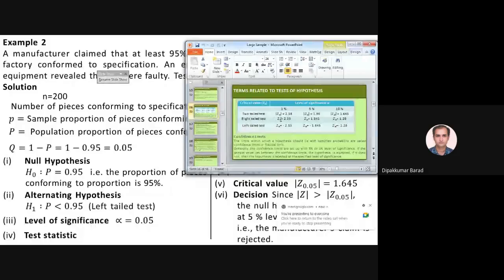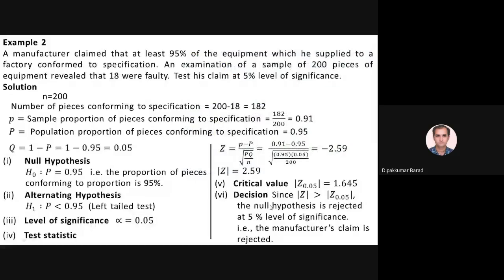Mod Z alpha for 1% is 2.58 for two tail. Now here we have the left tail, and we are discussing 5%. So Z alpha is minus 1.65. But what we do is take the absolute value, so the absolute value is 1.645. Now we have to compare these two values, the absolute value of Z and the absolute value of Z at 0.05.